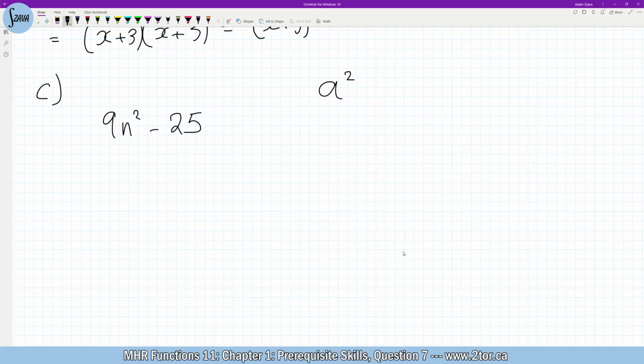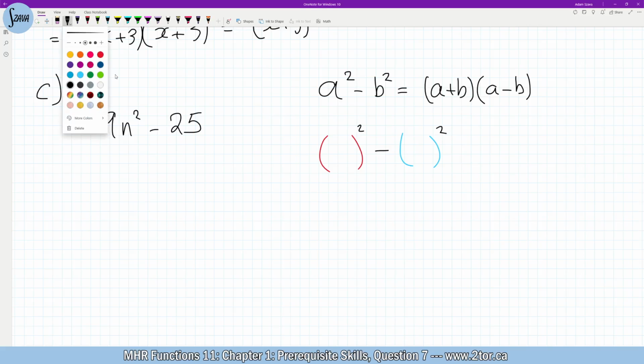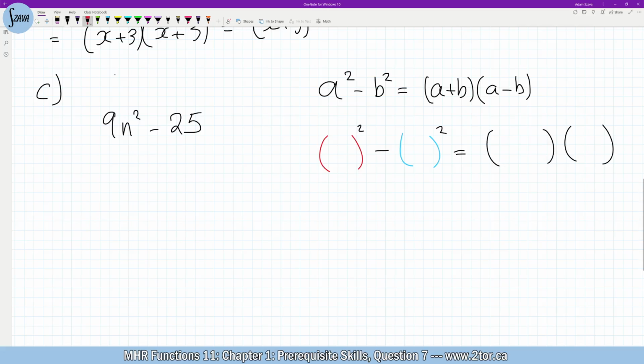The difference of squares formula tells us that a squared minus b squared is equal to a plus b, a minus b. But you can really just think of it like we have something squared, minus some other thing squared, and that is equal to these two things multiplied together.